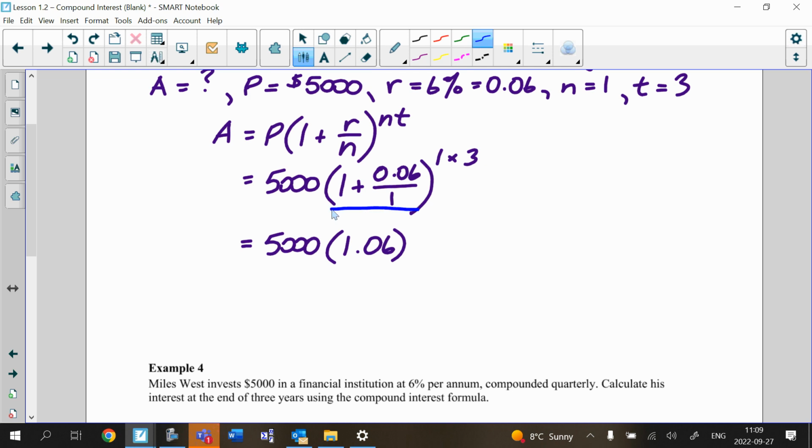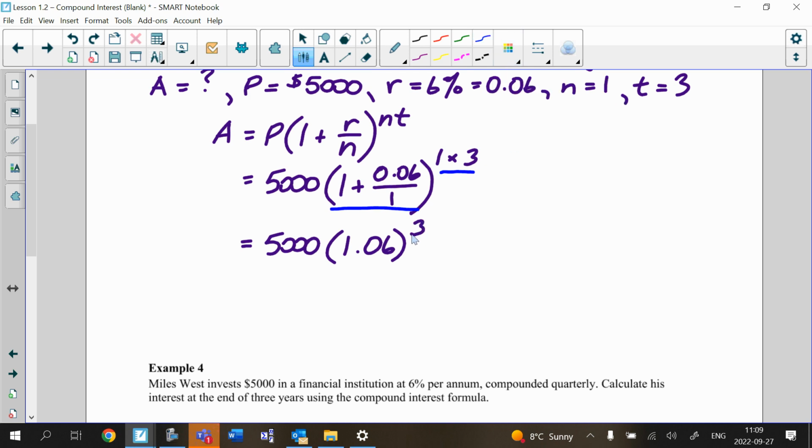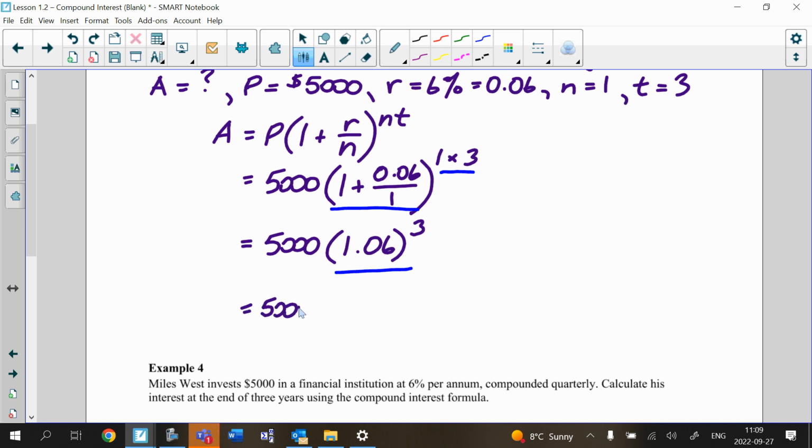That's something you're going to need a calculator for. 1.06 to the third is 1.191016. So the last thing to do is multiply those two together, and you get $5,955.08, which is what we got when we used that table.